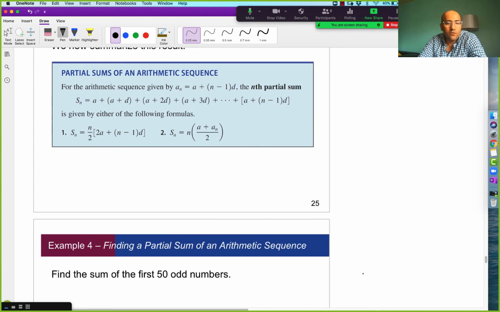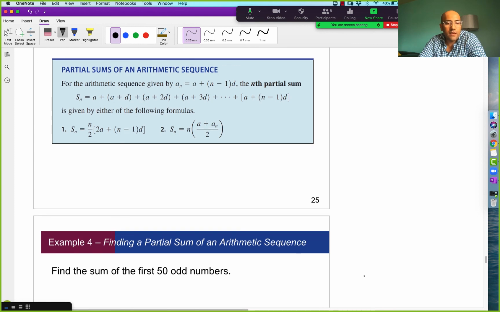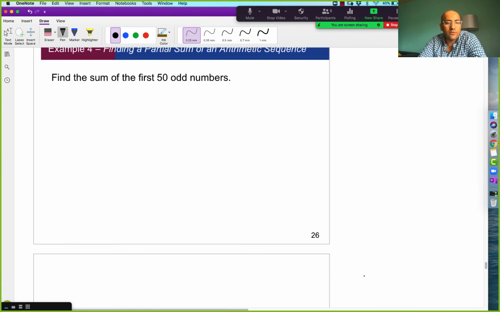Okay, so for example, find the sum of the first 50 odd numbers. Okay, so here they are: 1, 3, 5, 7, 9, 11, and so on. So far I have the first, second, third, fourth, fifth, and sixth odd numbers.